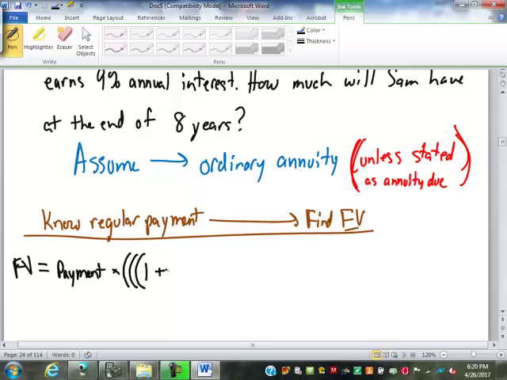This first part's going to look a lot like our compound interest. 1 plus our rate divided by n, where n is our number of periods per year, to the power of n times t, where n is your number of periods per year, t is your number of years. Subtracting off 1, that's actually to subtract off the initial principal.